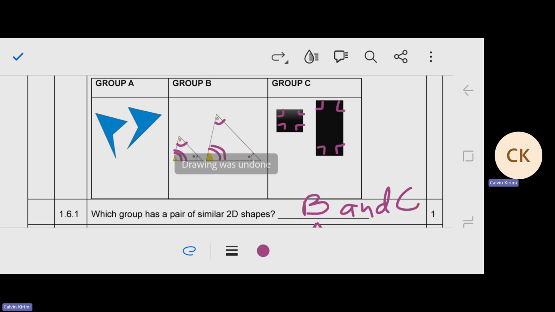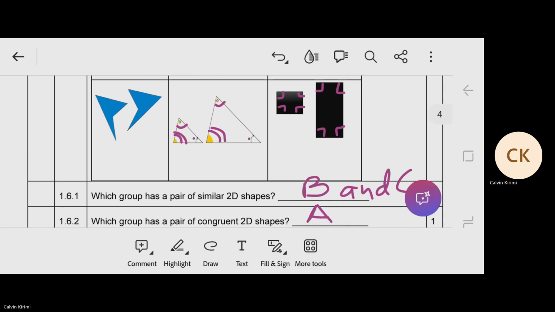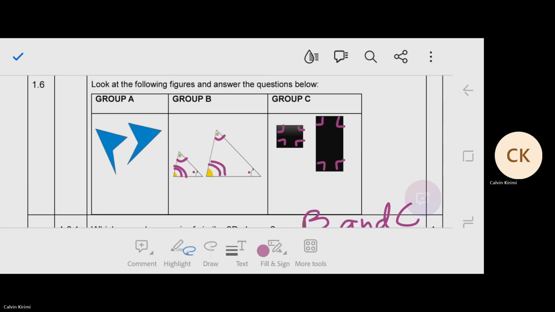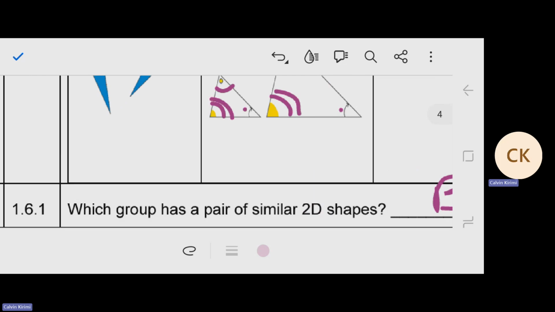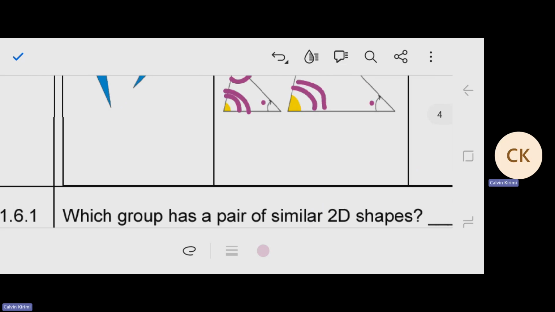Congruence, we are talking of same shape, same size. Similarity, we are talking of same shape but different size. So for these ones, we are talking of congruent.